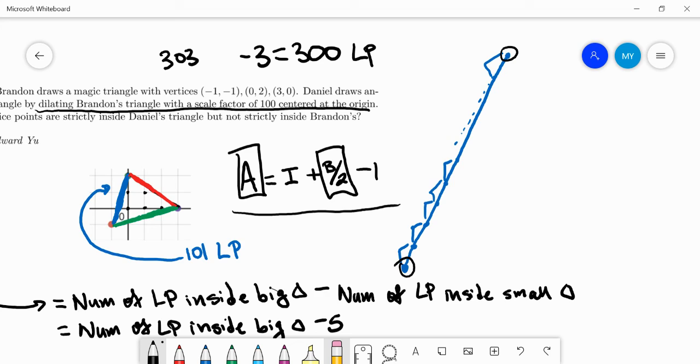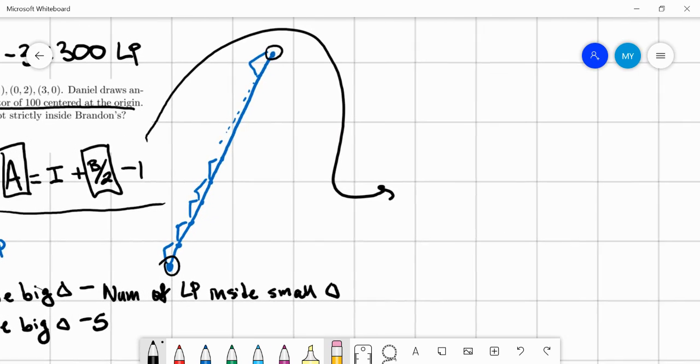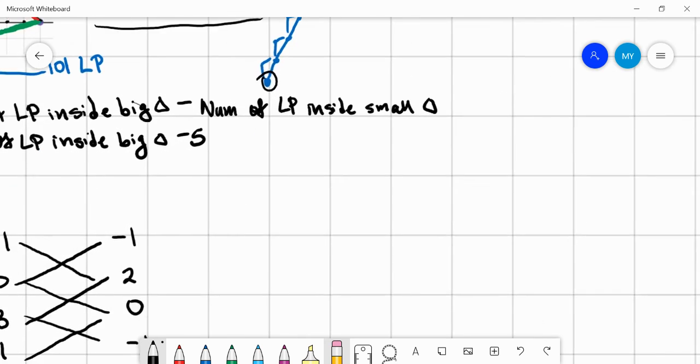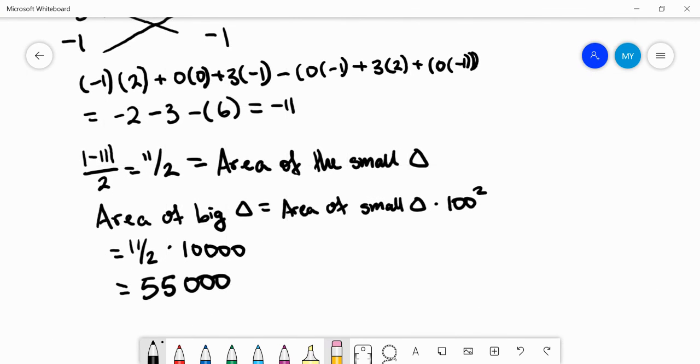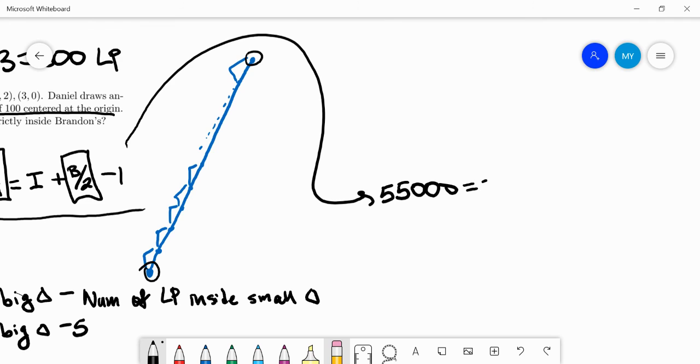All right, so we know the area of the triangle, and we know the number of points on the boundary of the triangle. Now all that's left to do is the calculation. Let's set this up. We know that the area, which if you remember from before is 55,000, is going to equal the number of points in the interior plus half of the number of points on the boundary minus 1.